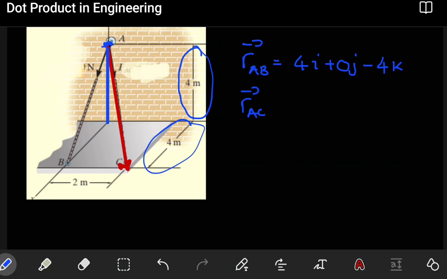In the z-axis, you're still doing that 4 meters downwards, so it will still be negative. In the x-axis, you still have to do this 4 meters in this direction. But the difference now is that you have to move in the y-axis as well. In the y-axis, you're going in the positive y, and you'd have reached your point C.